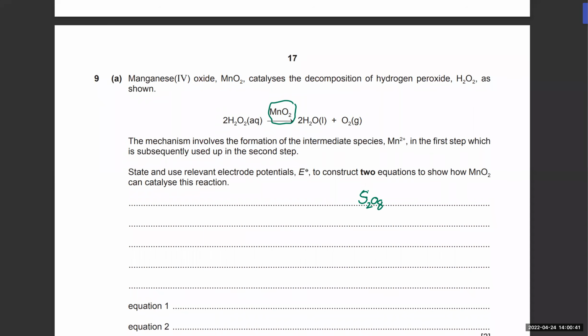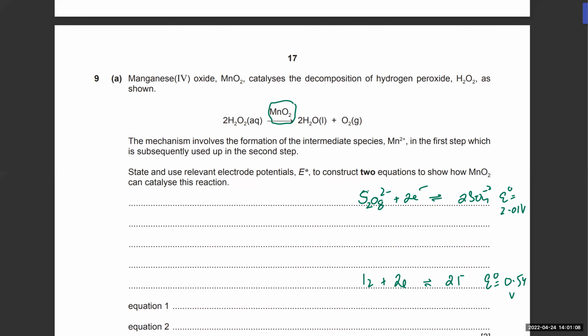There was this S2O8 2- reaction where it's gaining 2 electrons, in equilibrium with 2SO4 2-, and the E naught for that is 2.01 volts. And there's another one, I2 plus 2 electrons in equilibrium with 2I-, and the E naught for this is 0.54 volts.